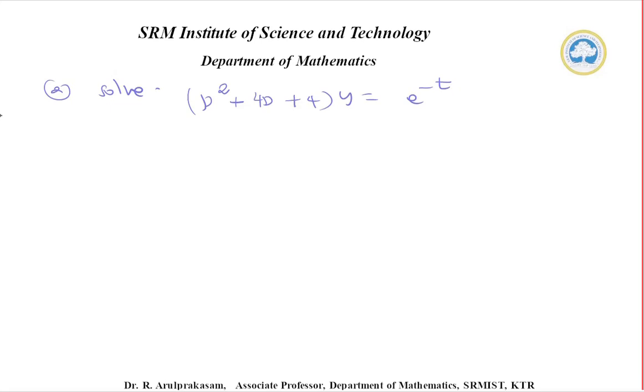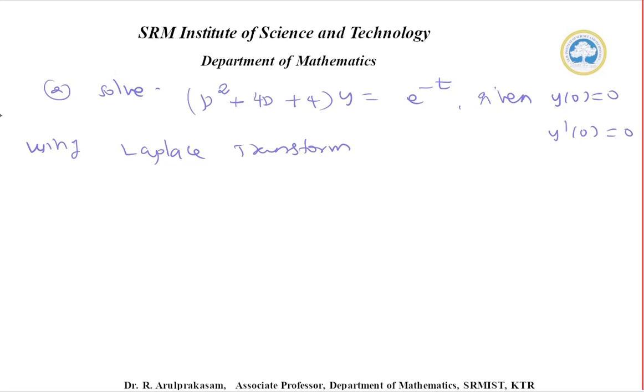In the second problem, I consider one exponential function. Also given the initial conditions y of 0 equal to 0 and y dash of 0 also 0. The question is to solve using the Laplace transform method.